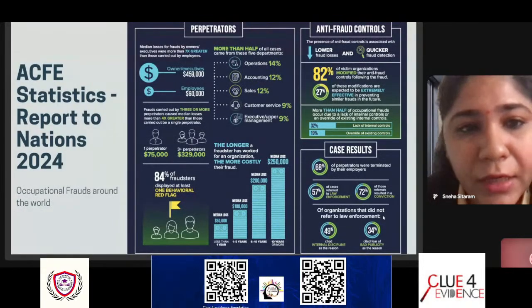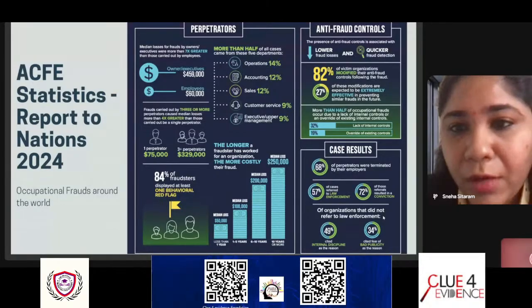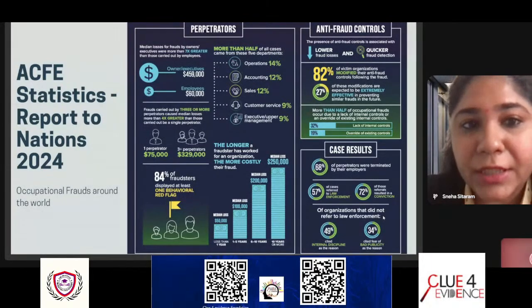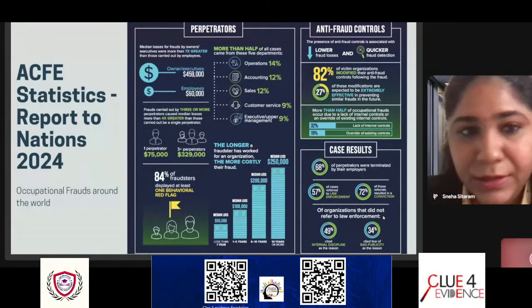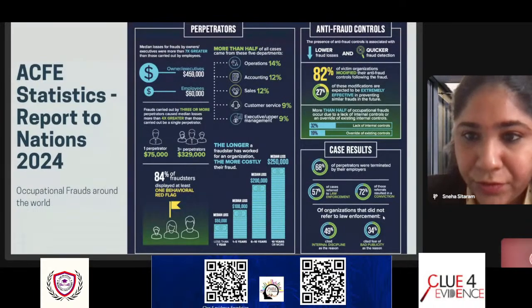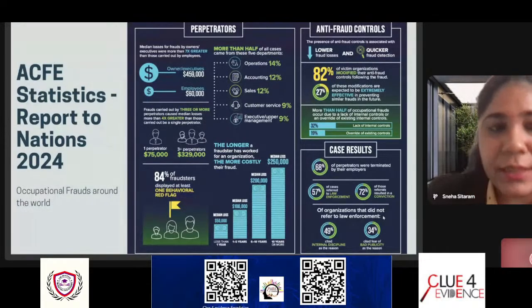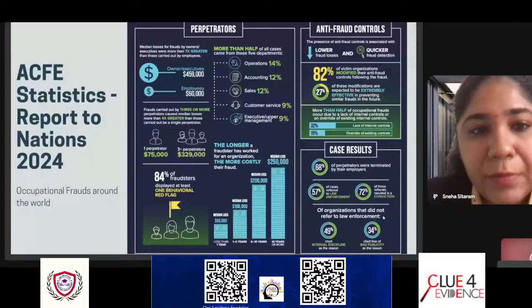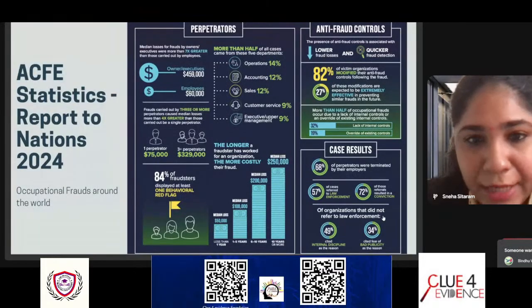And if you see here, when we talk about corruption and financial statement frauds, where the median losses were higher, it is mostly done by the owners or the executives of the organization. This is according to the global trend and the survey we have taken, and employees are on a lighter scale.